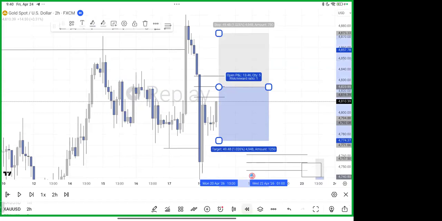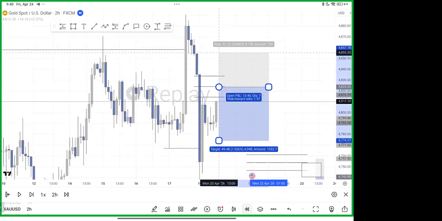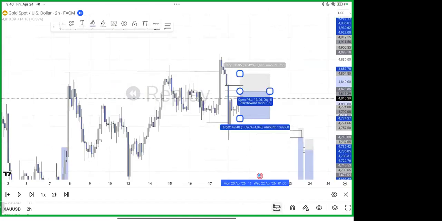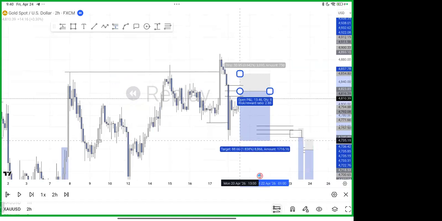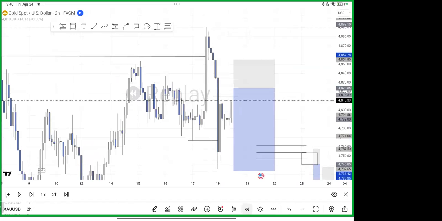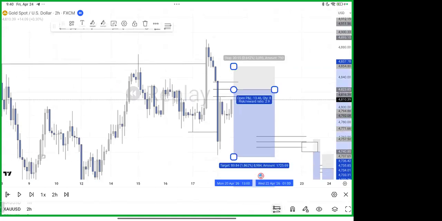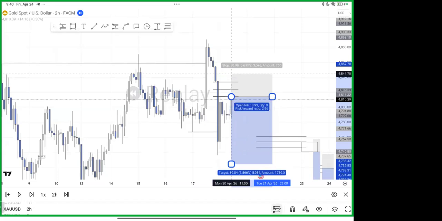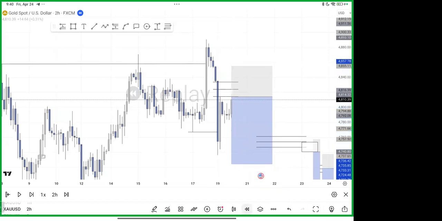Okay, so we have our entry here, our stop loss somewhere around here, and take profit actually is supposed to be the next low. So if it was surface, this is 2.9, almost 3 risk to reward. But if it was surface, this is what it would be, 2.21.